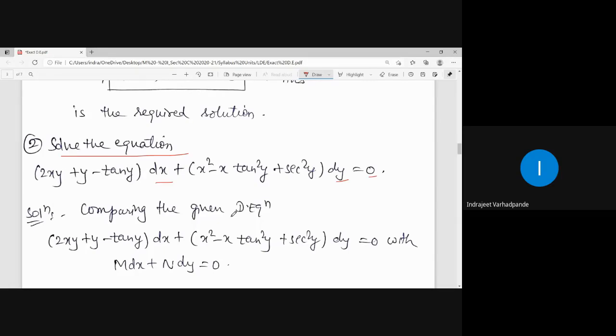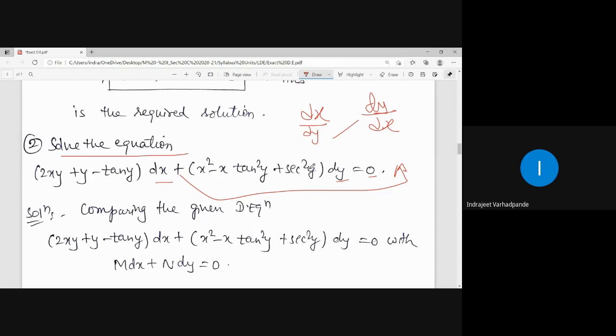If it does not fulfill the condition, then I should shift this particular term to the other side and try to write it either in the form dx by dy or dy by dx. But when trying to convert it into the linear differential equation form, other parameters are also to be kept in mind.